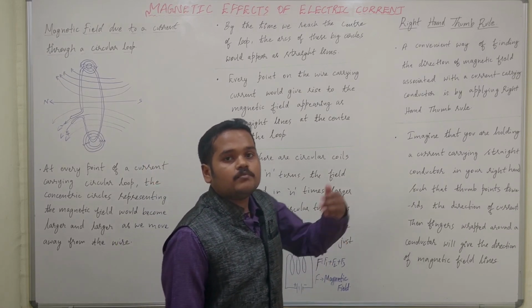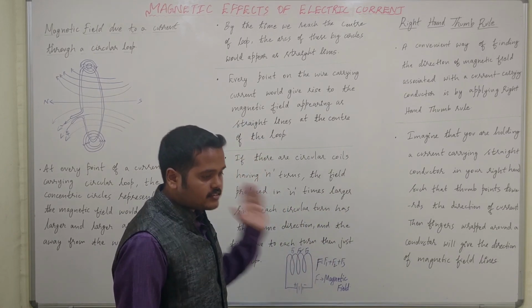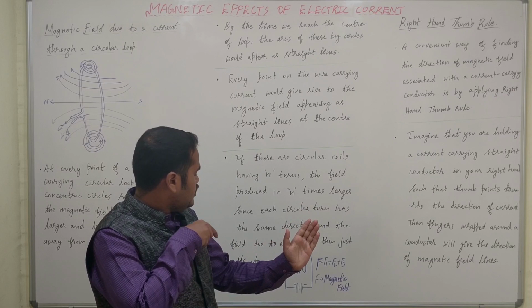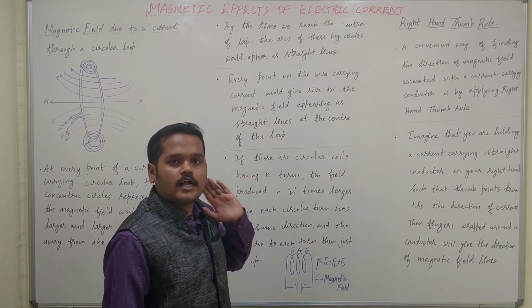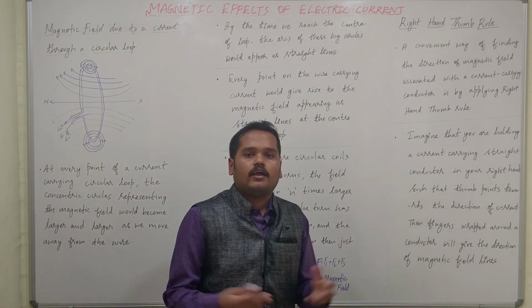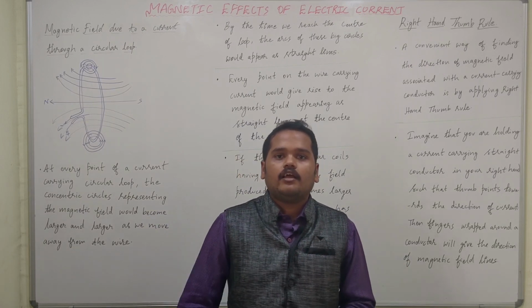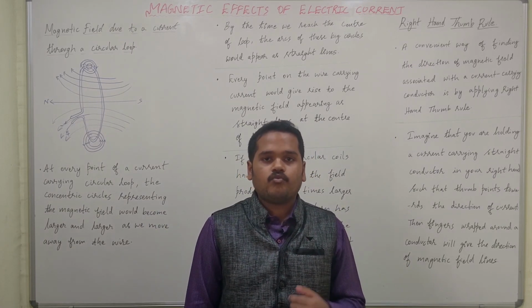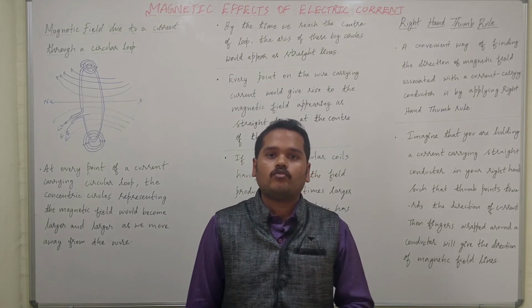So it is n times larger. Why? Since the current has the same direction and the field due to each turn just adds up. Since the current has the same direction, the fields add up and lead to a larger magnetic field in a circuit of n number of coils or n number of turns.